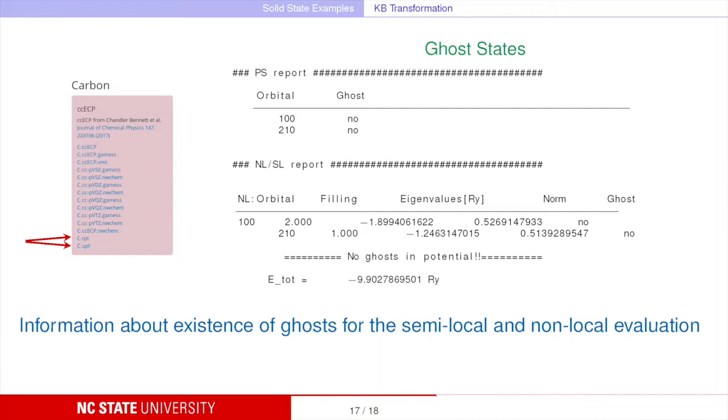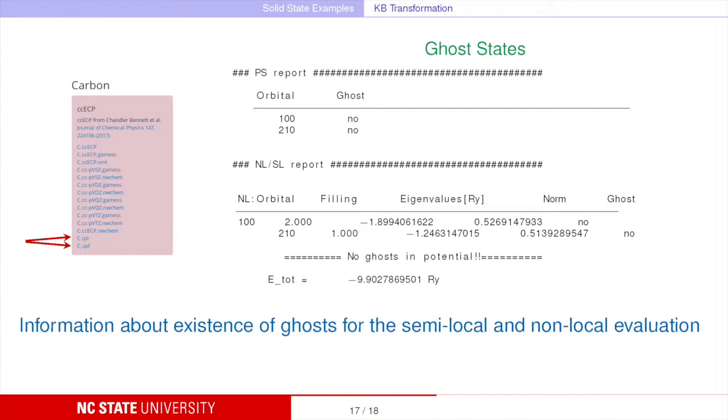It will provide information about ghost states. You can see there's a bunch of no's here, which indicates there are no ghosts, so at least for this carbon potential, there should be no ghost states. You should be able to use it without those variance problems, diffusion Monte Carlo problems, or problems optimizing, etc.